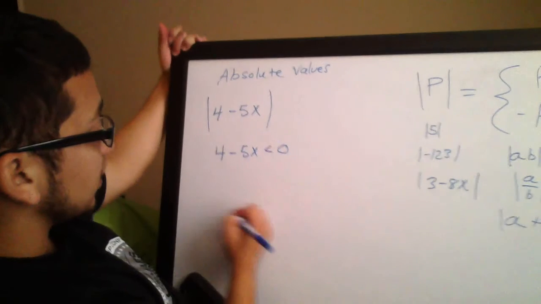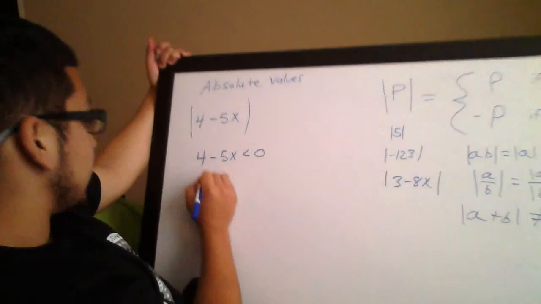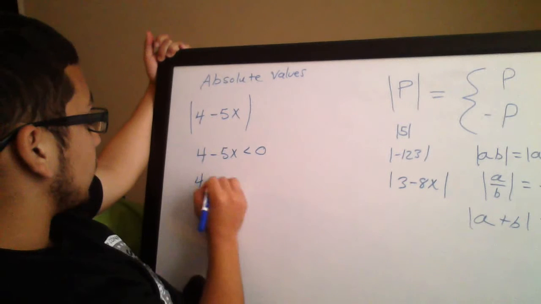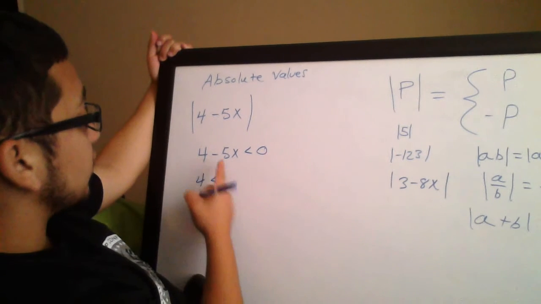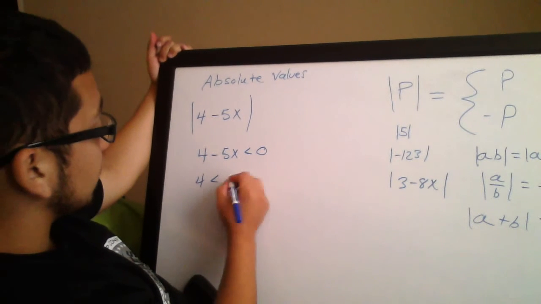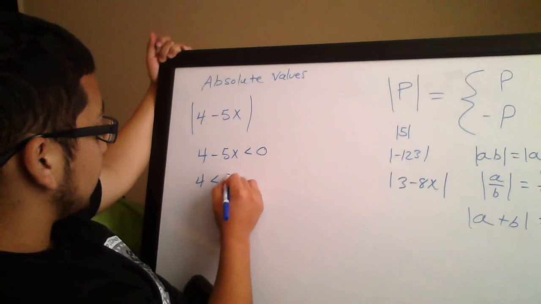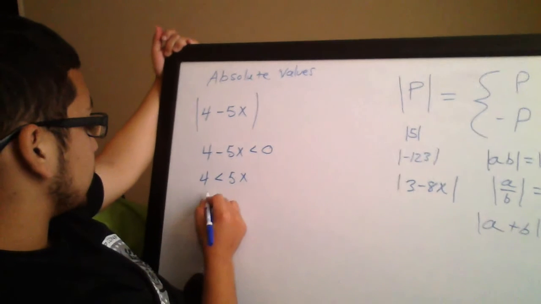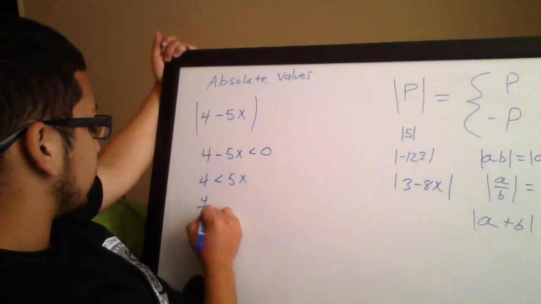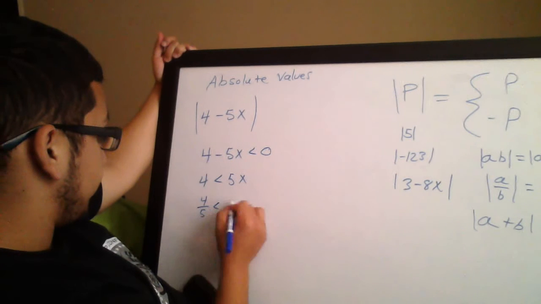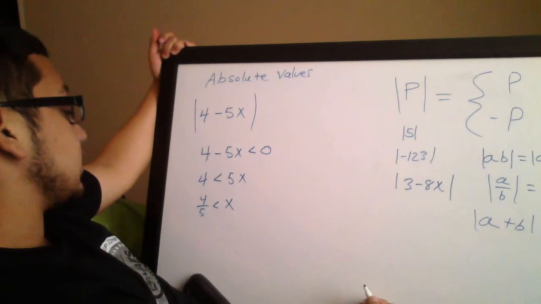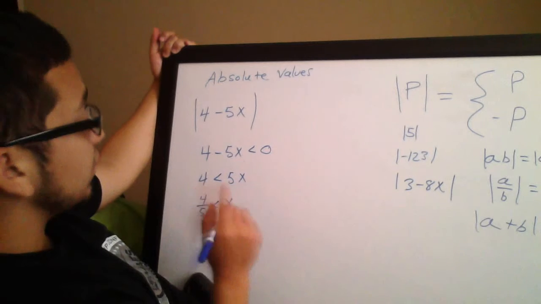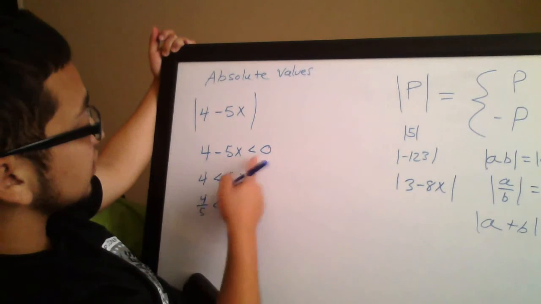And then you'd solve it, so if that's the case, then you have 4 is less than 5x, move the 5x to the other side, and then divide by 5, so 4 over 5. So x is greater than 4 over 5 if 4 minus 5x is less than 0.